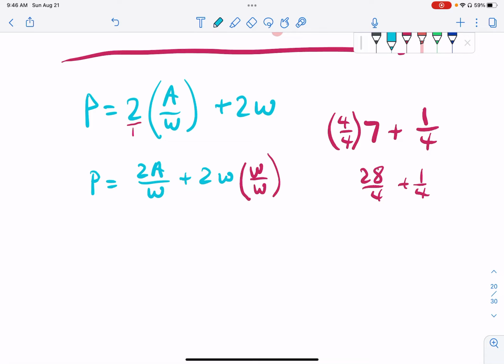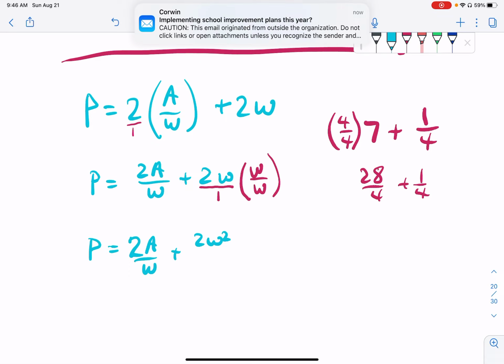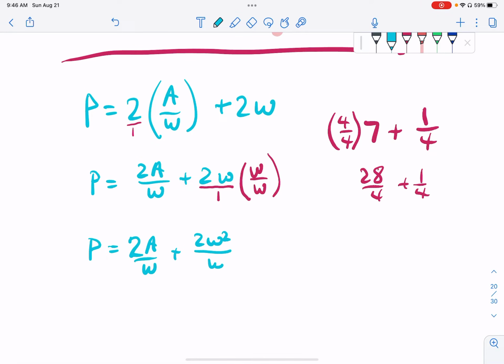Okay, so my new equation is P is equal to 2a over w plus, once again, a non-fraction multiplied times a fraction, and it's top times top and bottom times bottom, and I would be left with 2w squared over w.